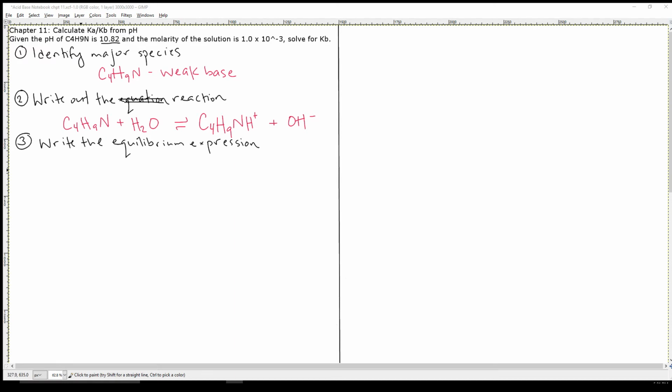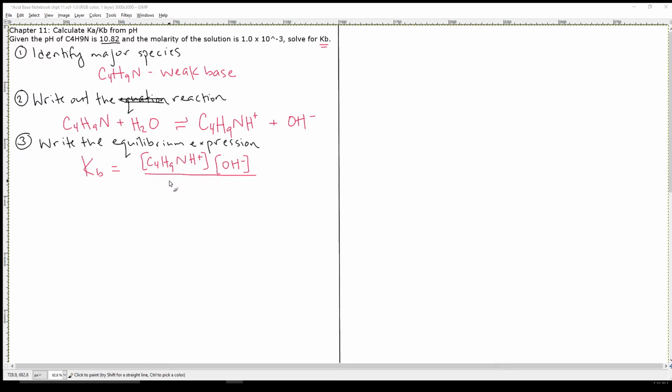Okay, so equilibrium expression. Well, they're asking us to solve for Kb, so I'm going to write Kb, which means I need my products over my reactants, so that'll be C4H9NH plus and OH minus.